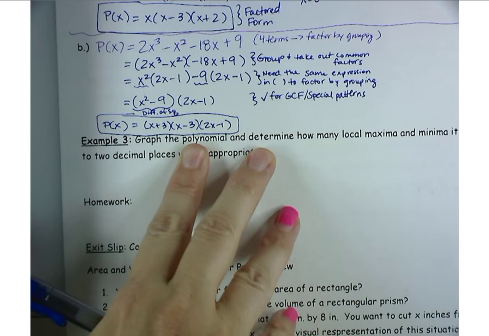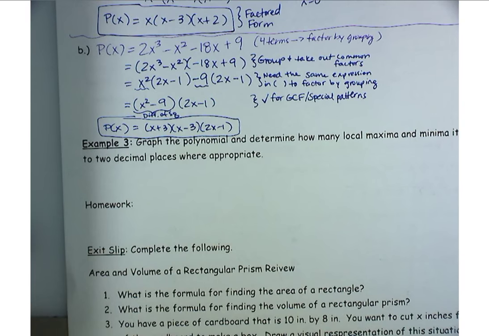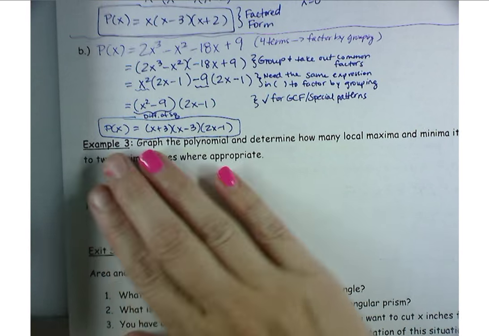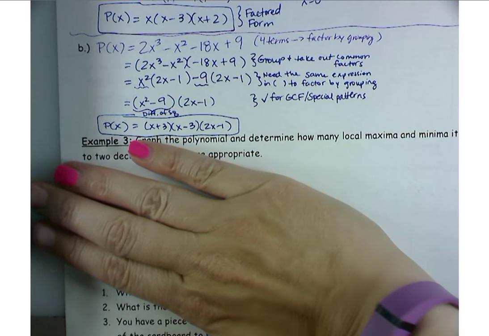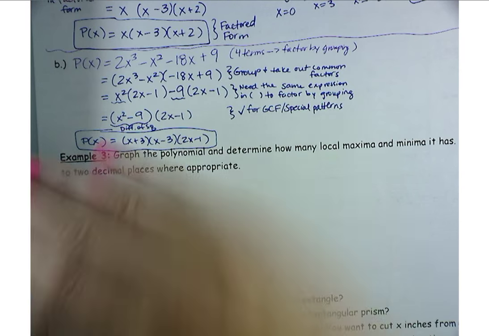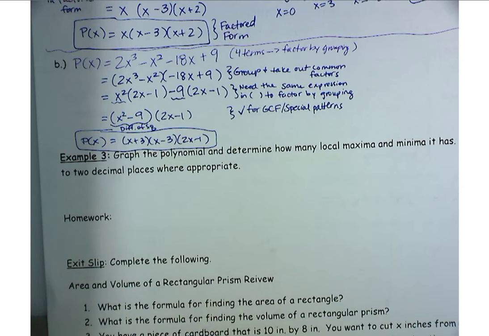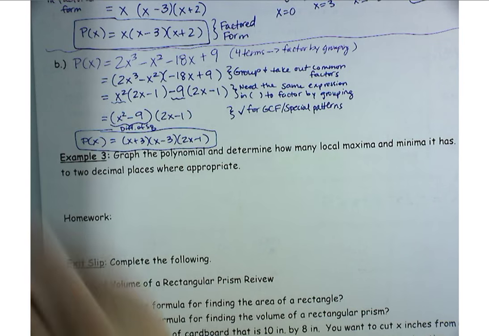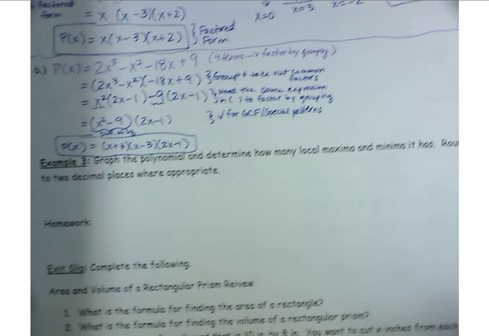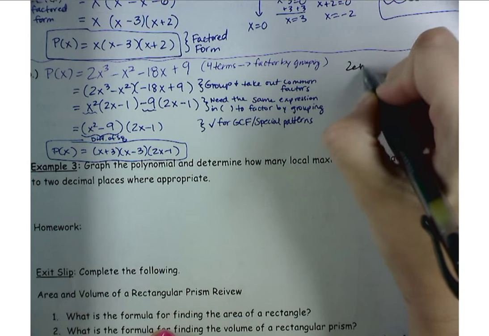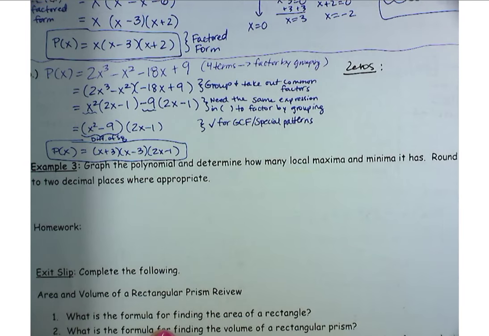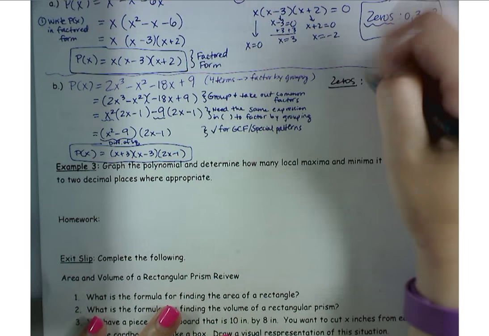So again, there might be a time when a quiz or test asks you, what is it in factored form? And you'd have to write p of x equals, and then everything in factored form. And then you're going to find your zeros. When you're finding your zeros, I understand that's going to be a lot of mental math, and that's fine.